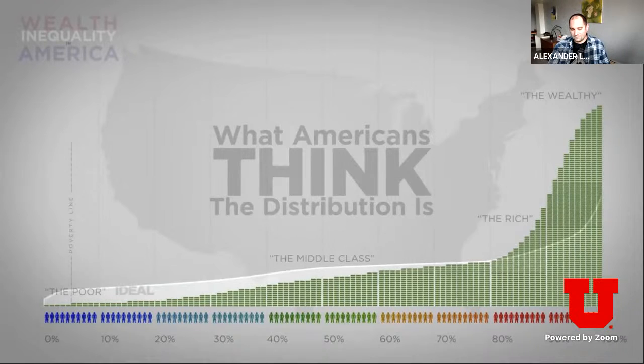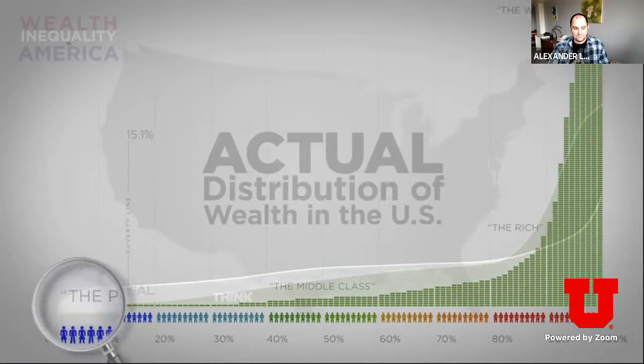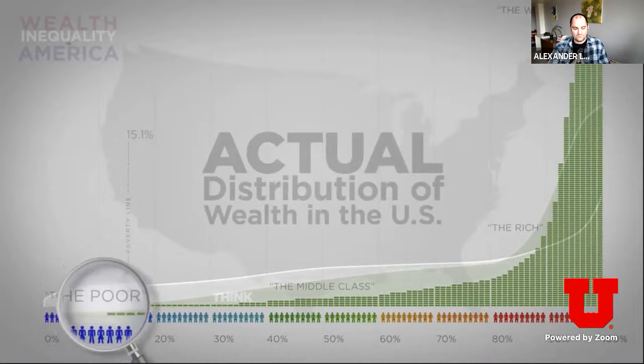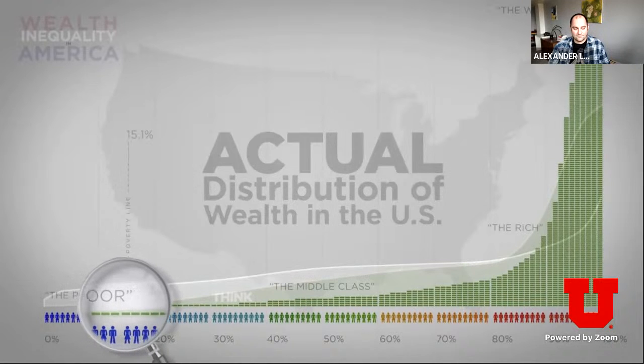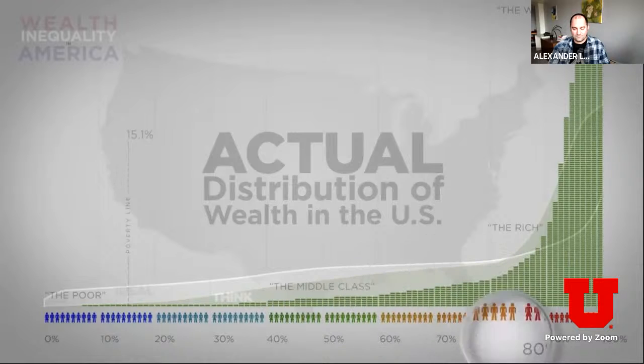Sadly, this isn't even close to the reality. Here is the actual distribution of wealth in America. The poorest Americans don't even register. They're down to pocket change, and the middle class is barely distinguishable from the poor. In fact, even the rich between the top 10 and 20 percentile are worse off.